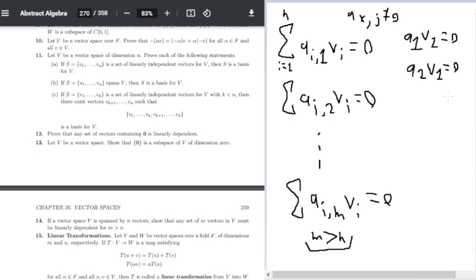So we have two equations with one unknown. So we have that a1 v1 is equal to a2 v1. So we have that a1 minus a2 times v1 is equal to 0.